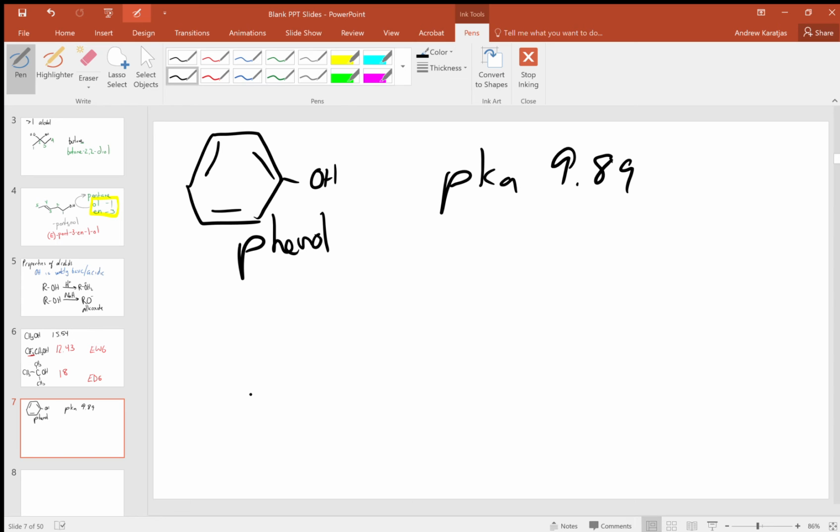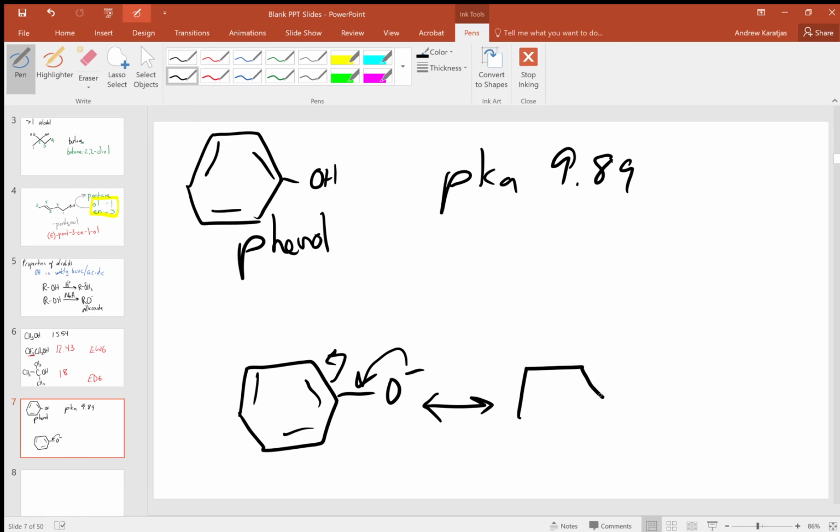Well, if you consider the conjugate base of phenol, we have an O- attached to an aromatic ring. And the result is that that aromatic ring is able, through resonance, to help stabilize that negative charge.